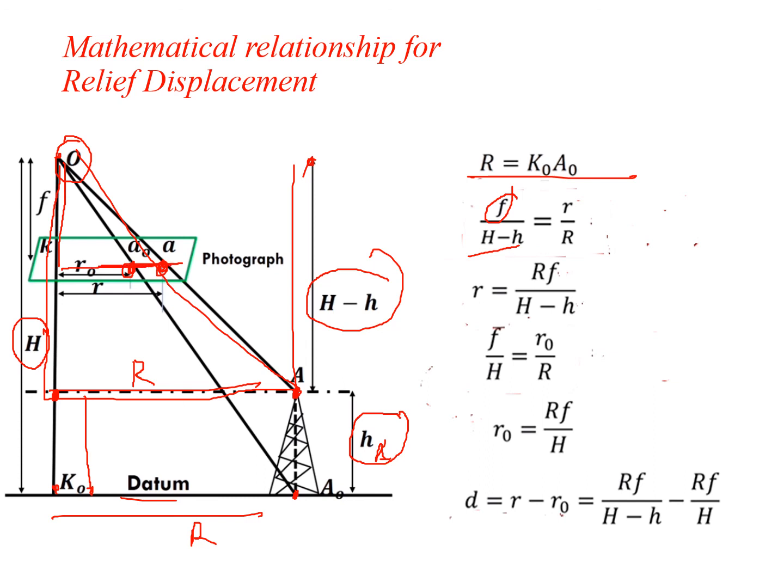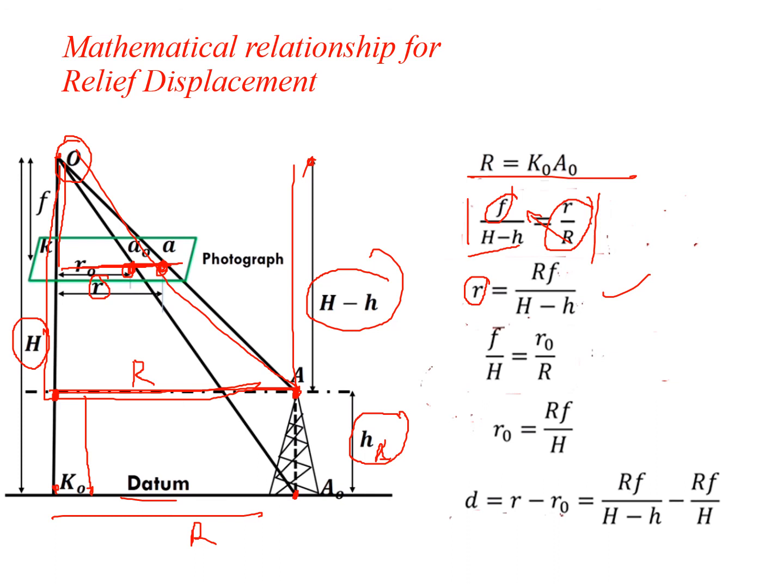This is your r, and this r is parallel to capital R. So this ratio and this ratio are the same. From this you can express small r, taking the cross multiplication, which gives the expression.